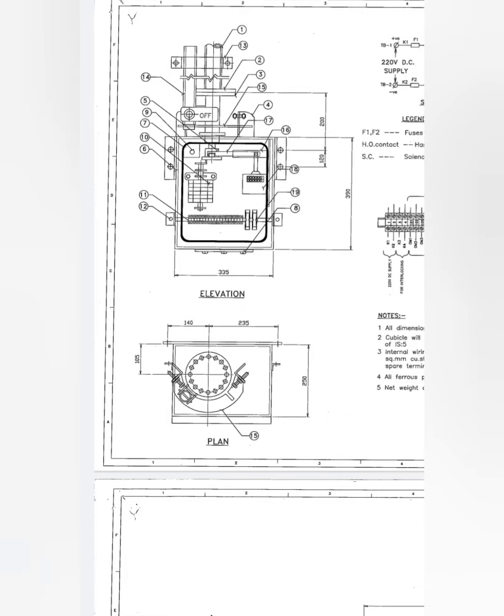After energization of the solenoid coil you can manually operate it, which means manual handling can be done. Then you need to push the push button, and only then can you open or close the isolator. So this is for your 33 kV isolator and earth switch. It is fully hand operated.